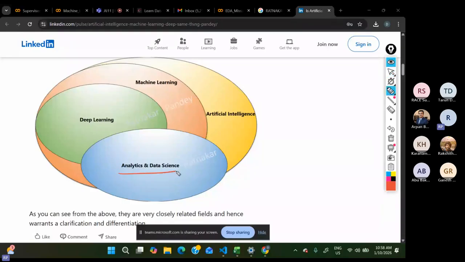So this also includes business intelligence. There are many different terms people use in industry, but analytics was the very popular term when I started my career in this field, which includes business intelligence as well. Business intelligence is nothing but reporting and dashboarding to a large extent.